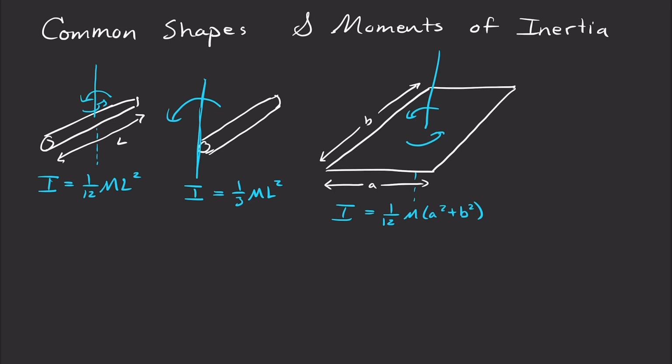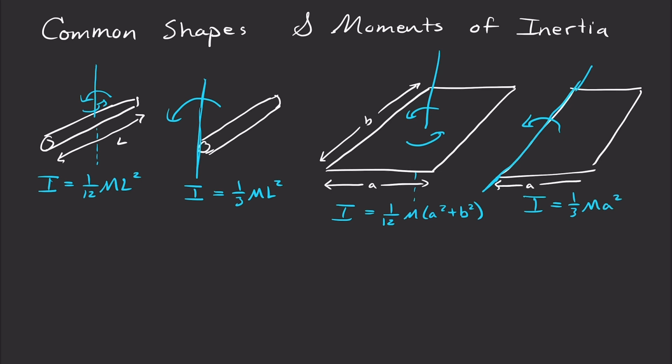But if we take this same plate and rotate it about its side, so an axis along the side of it, like this, then the moment of inertia would be 1/3 m A squared. So again, our distance A would be this. And so these are shapes that you would typically look up.